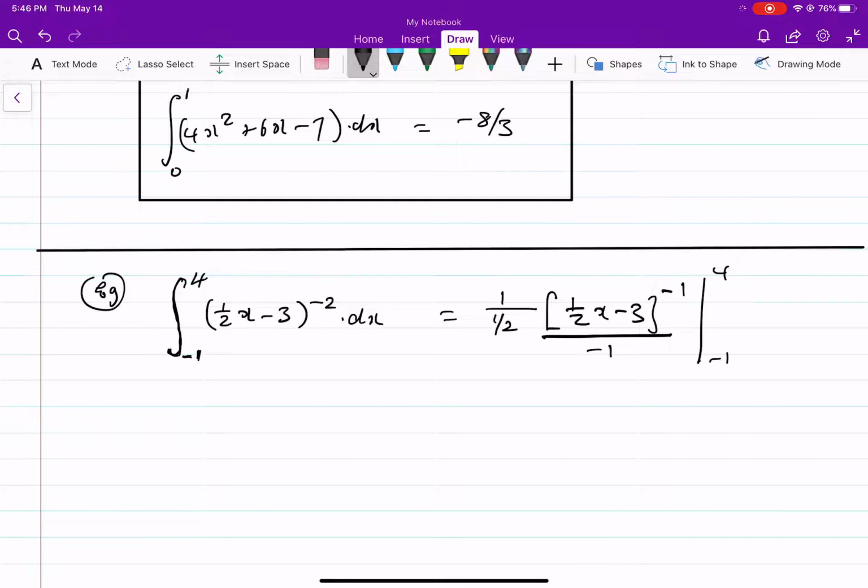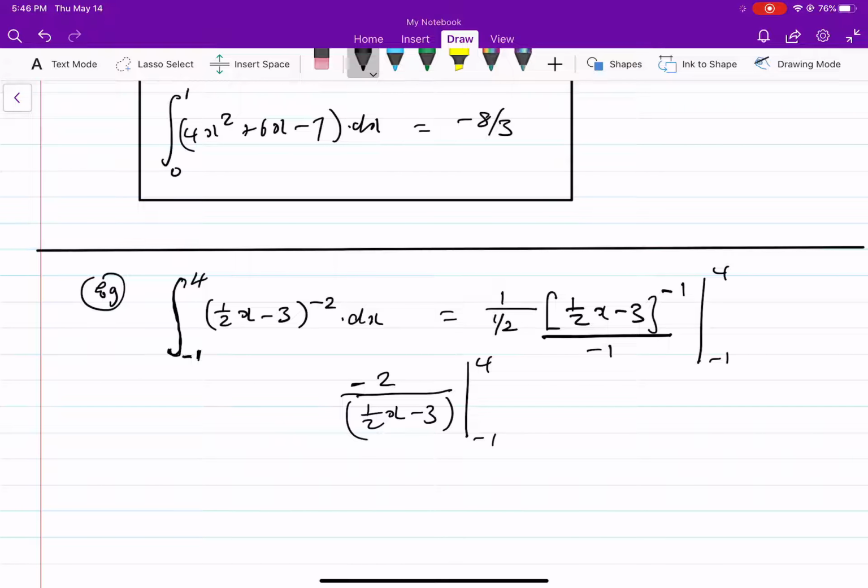So it's 2 times 1, which is 2. And the minus 1 will float to the top, and I'll throw this guy on the bottom: a half x minus 3 to the power positive 1, evaluated between minus 1 and 4. Hope you saw what I did there, right? Hope the algebra was not beyond you. 1 divided by a half, that's 2. The minus 1 that you're dividing by, 2 divided by minus 1 is minus 2. I forgot my minus.